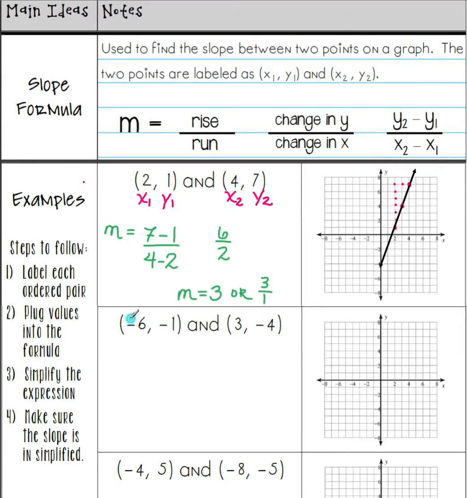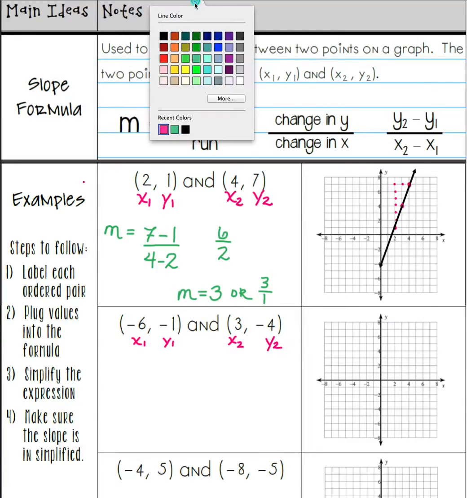So let's look at the next one. If we have the point -6, -1, and the point 3, -4, so we have our x sub 1, y sub 1, and x sub 2, y sub 2, and we plug these values into the formula.